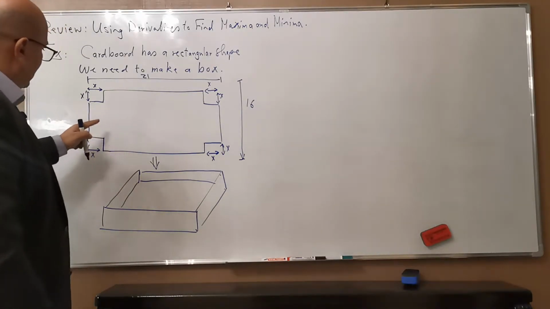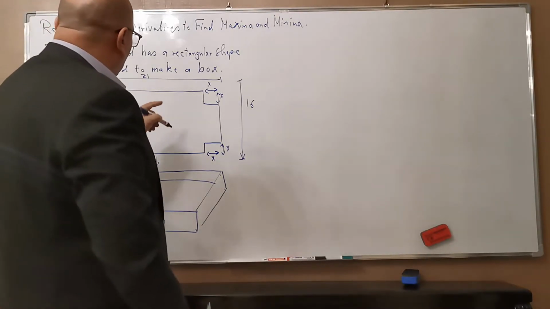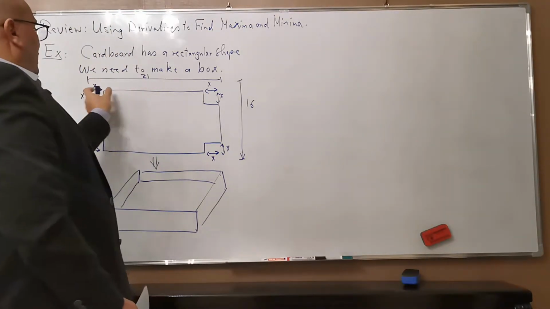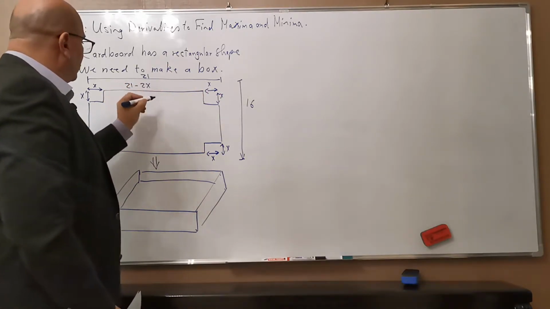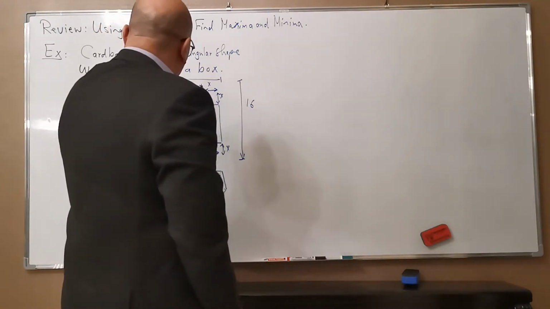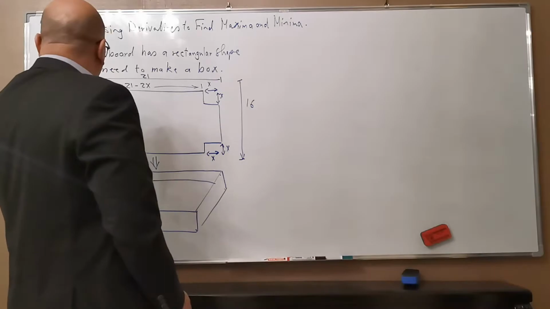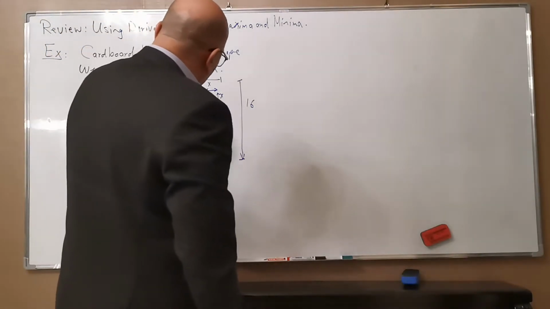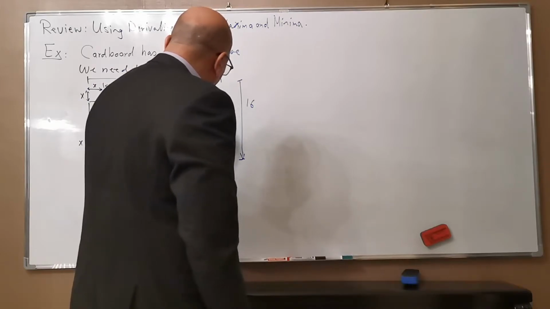When you bend this side here, this one will be x. Notice that if you take x from this side and x from this side, then you have 21 minus 2x. And so this dimension here is 21 minus 2x, and the dimension here is 16 minus 2x.